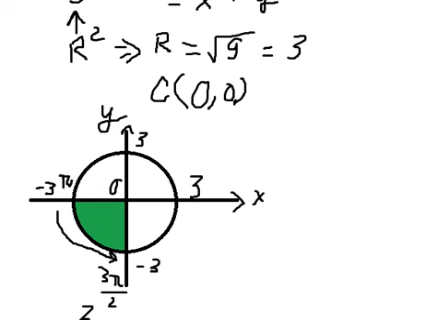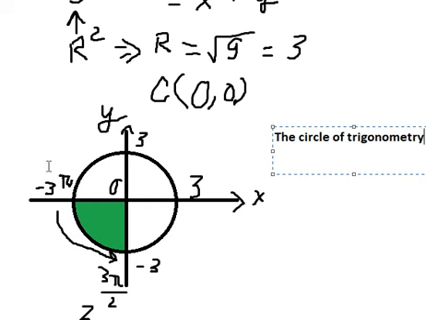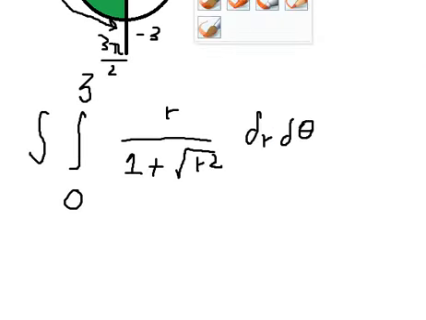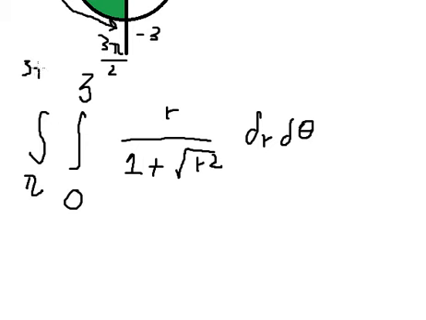So we just follow the circle of trigonometry. That's why we have pi and 3 pi over number 2. So that should be pi in here. This one should be 3 pi over number 2.